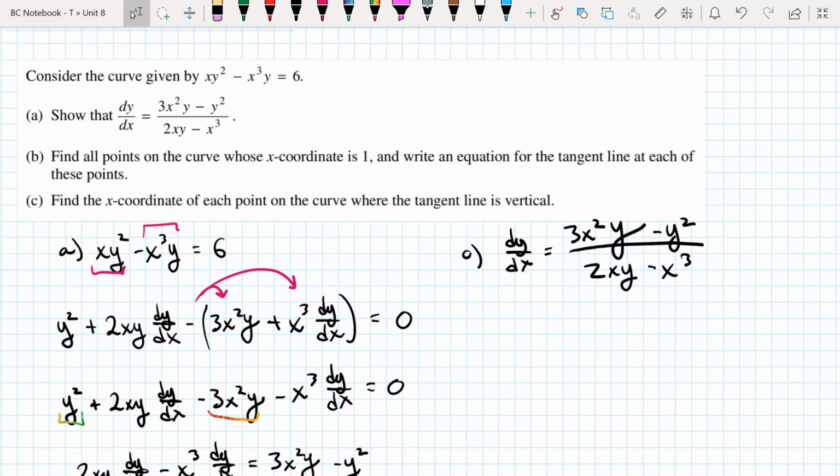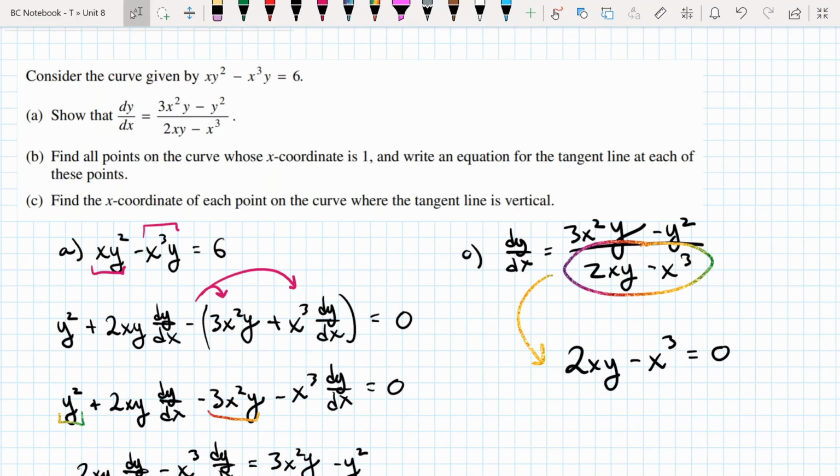And from our notes from the beginning of the video, in order to determine the location where the tangent line is vertical, we're going to take the denominator here, and we are going to set the denominator equal to 0. Okay?